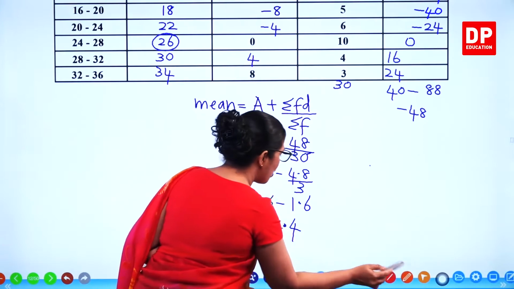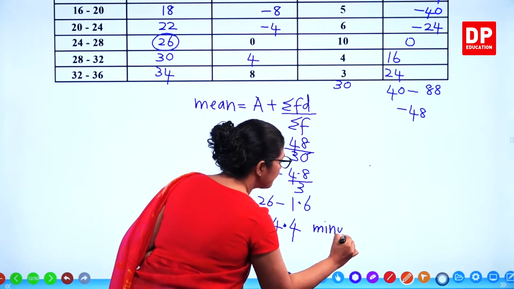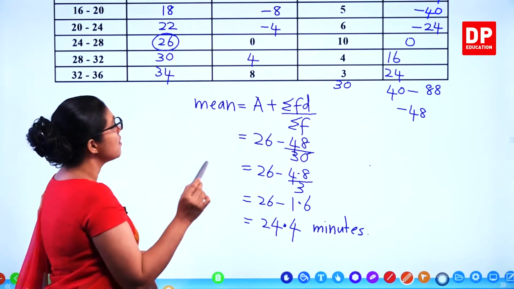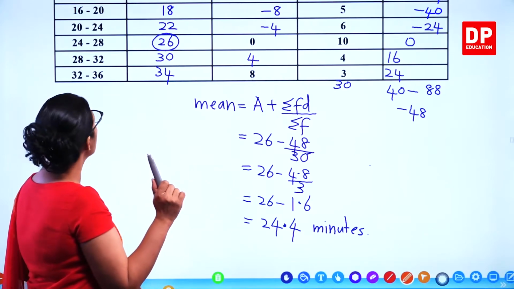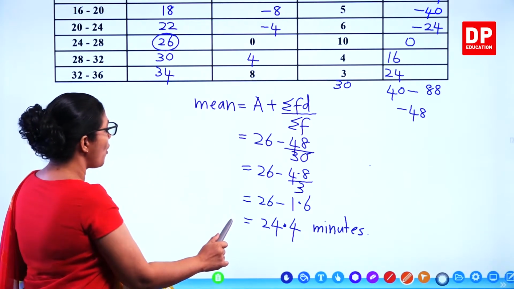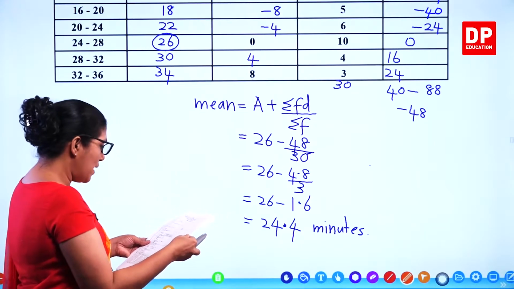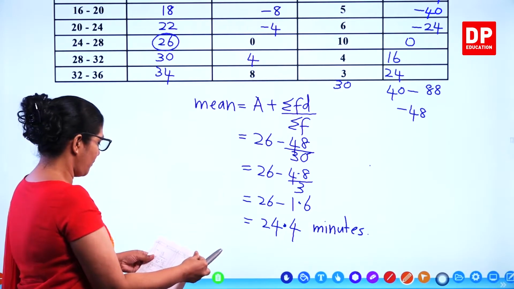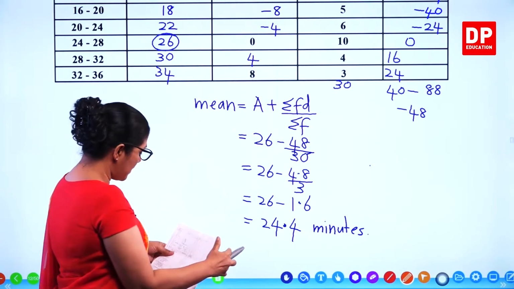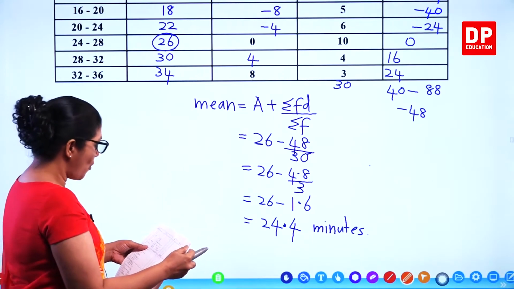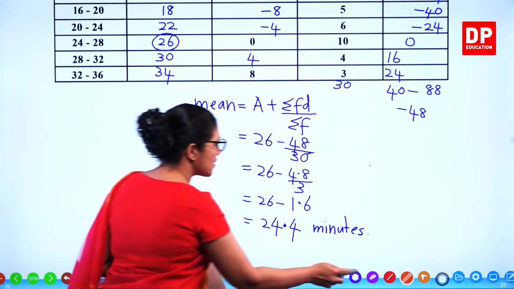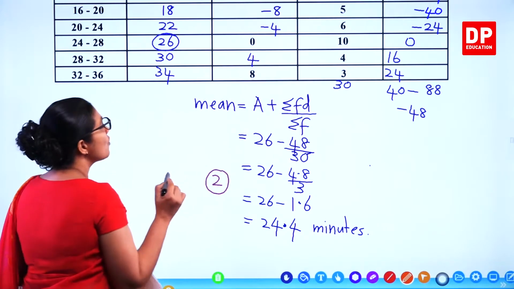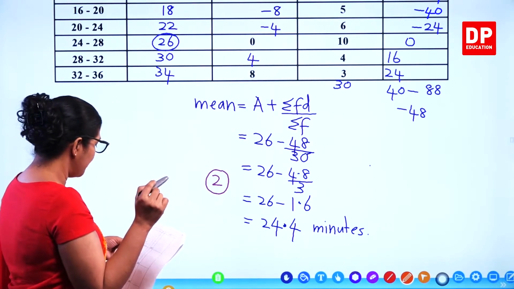So 24.4 minutes is the mean duration, the mean time for a call. So let's see how many marks for that. 24.4 minutes, you get 2 marks for finding the mean value.